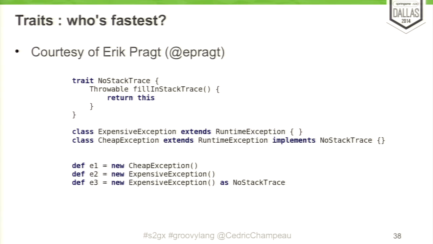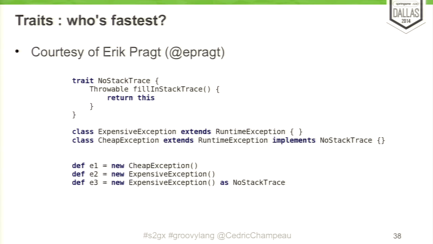So you can create an expensive exception that extends runtime exception, this classic exception, and a cheap one that extends runtime exception too, but implements the stack trace trait. So I'm creating one of this kind, the other of the cheap exception kind. And the last one is actually an expensive exception, but coerced as no stack trace.